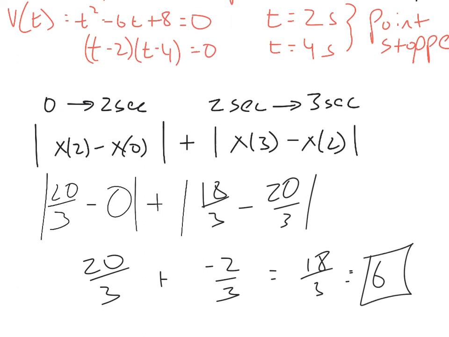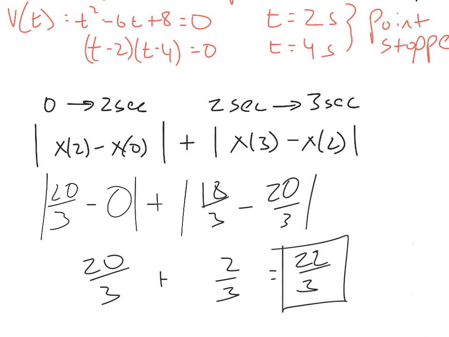Oh, yeah. Thank you. That was the whole point of it, huh? Very good. Absolute value of that makes it positive. That was the whole point there. Good. So 22 thirds is our final answer. See, that's why we've got to find out where it turns around, because we add those. That's the total distance rather than having them subtract.